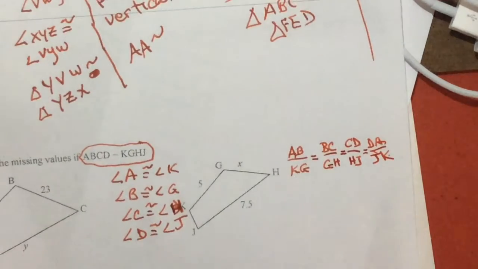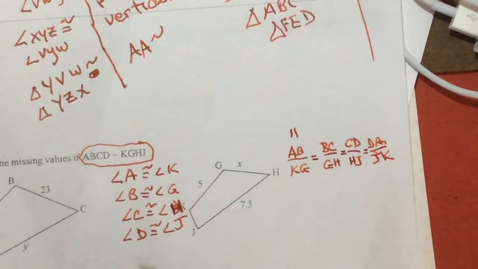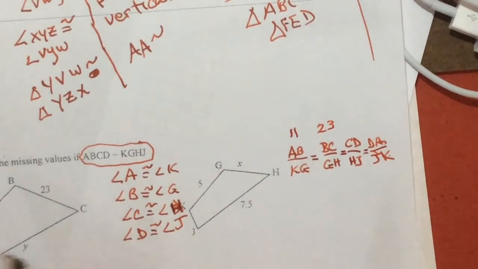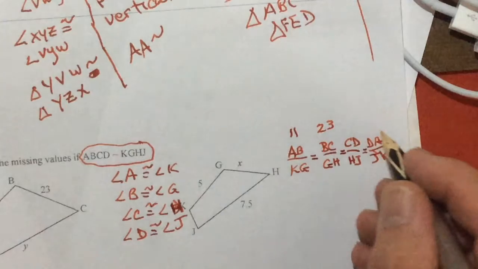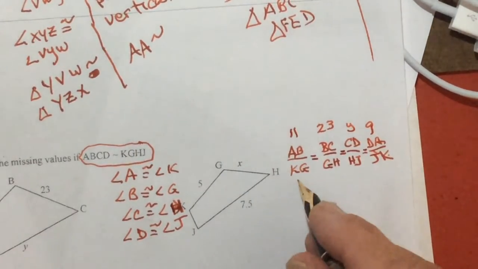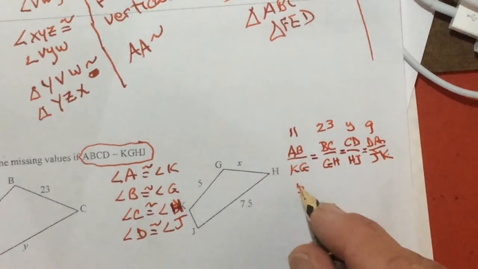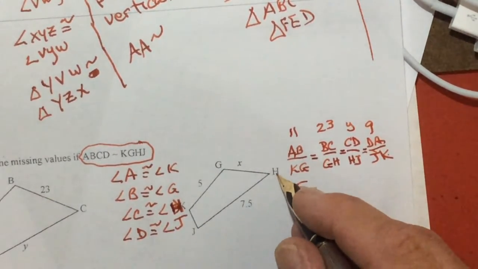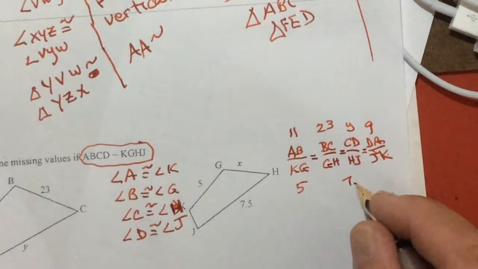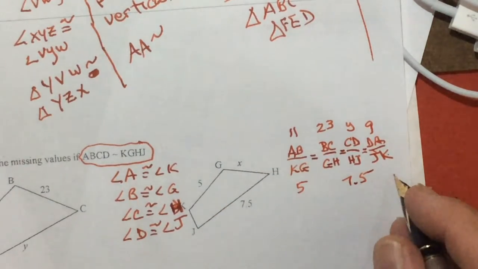So which ones do we have here? AB is 11, BC is 23, and AD is 9, and CD is Y. Over here, KG is 5, HJ, that's over here, is 7.5, GH, where is that?